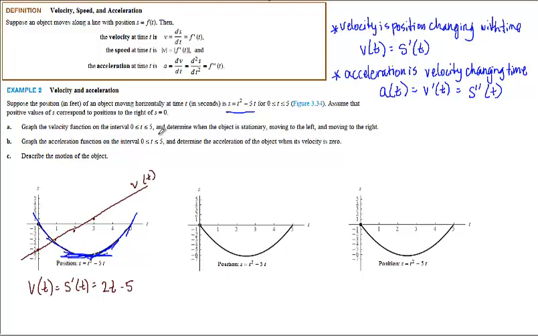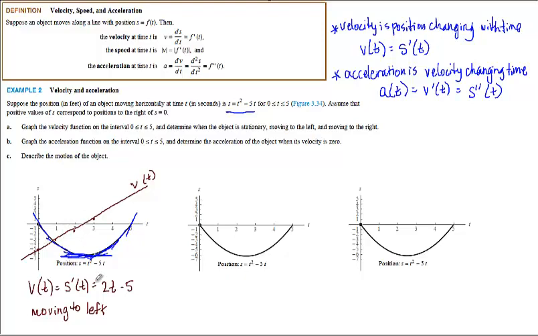So I graphed it, determining when it is stationary, moving to the left and moving to the right. If moving to the left is negative, which usually they're describing it as such, I would say that it is moving to the left from time equals 0 to, imagine that's 2.5 seconds.